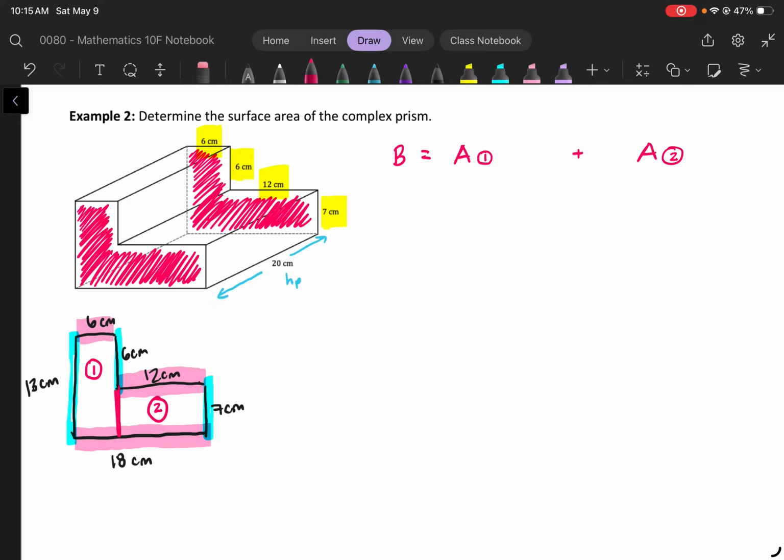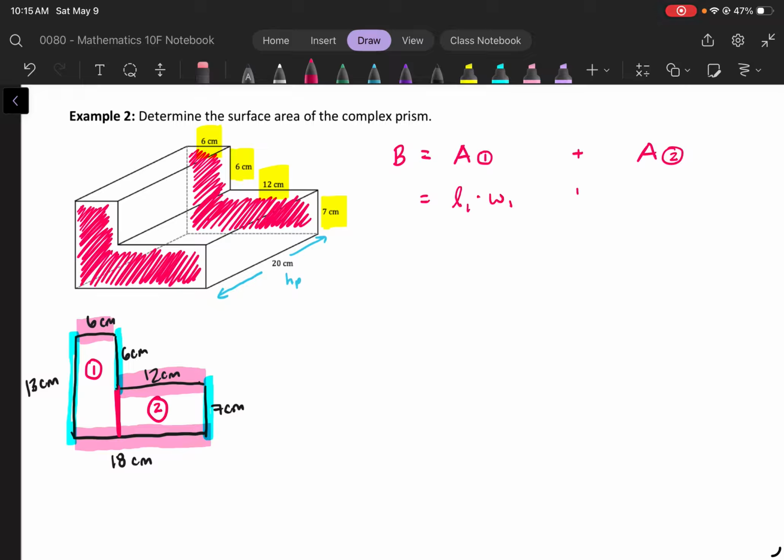And if you're like, Miss T, why did you put a big space in between? Mostly just so that I can make sure things are lined up as I work down. Now, both of these shapes are rectangles, and the formula for rectangles is length times width.